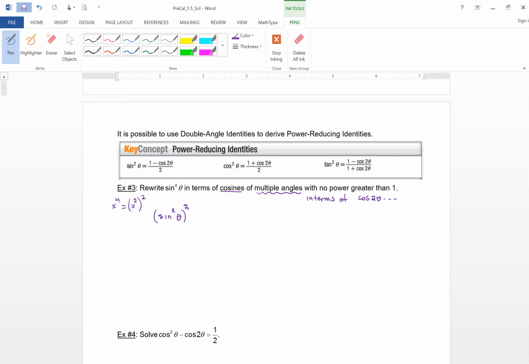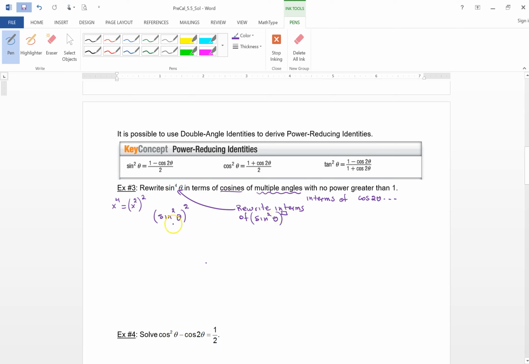Because I don't have any formulas for sine to the 4th theta, but I do have formulas for sine squared theta. So whatever the exponent is, if I write it as squared to the power of something else, then I can use this one. So rewrite this in terms of sine squared theta to another power.